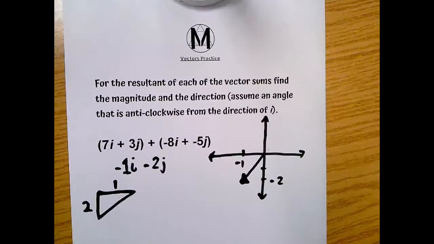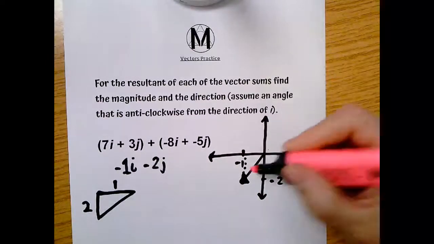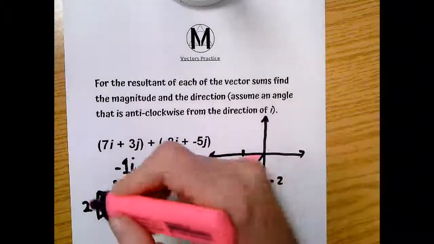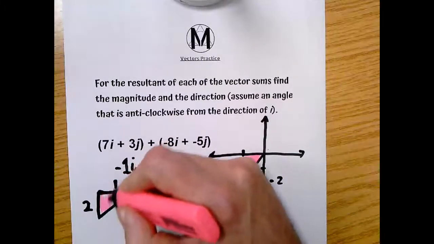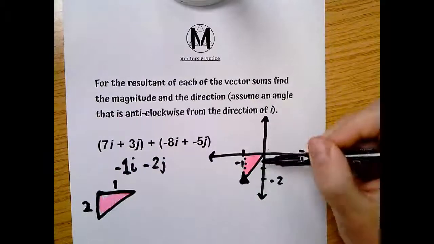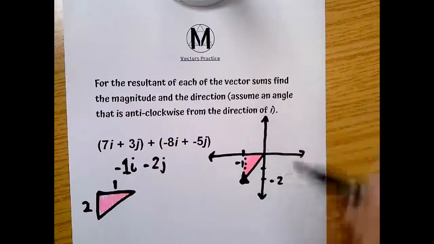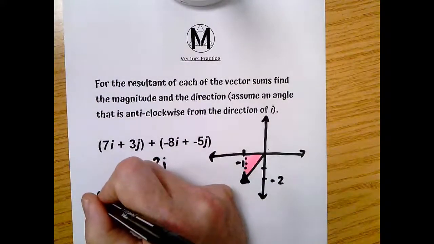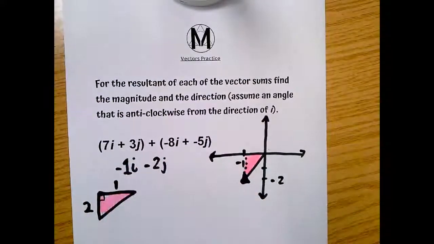Okay, let me clarify that because I made a little bit of a mistake. This is our triangle right here, right? And this is the same one right here. Let me make that one pink too so you can see it. Okay, and you see here it went back 1 and it went down 2, but when we draw triangles, there's no such thing as a negative length, so we just write it as 1 and 2, and it's still a right triangle, and we can work with that.